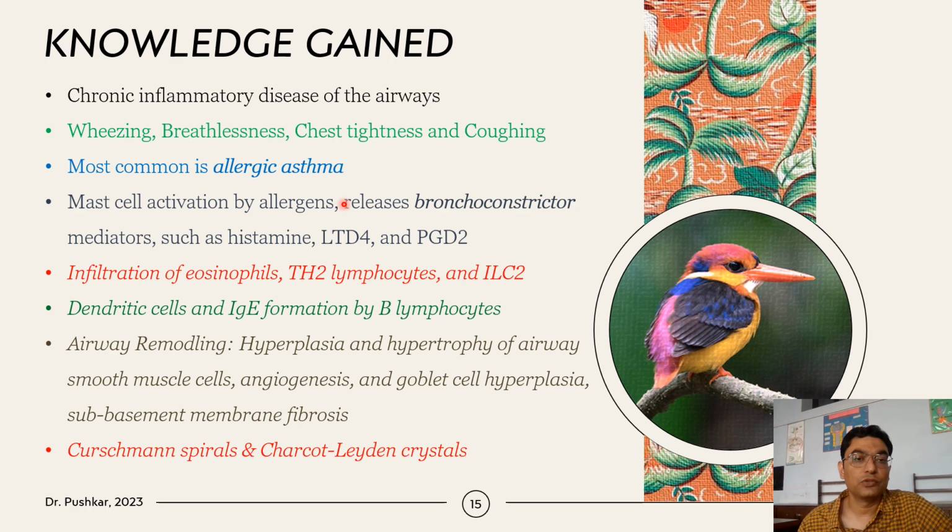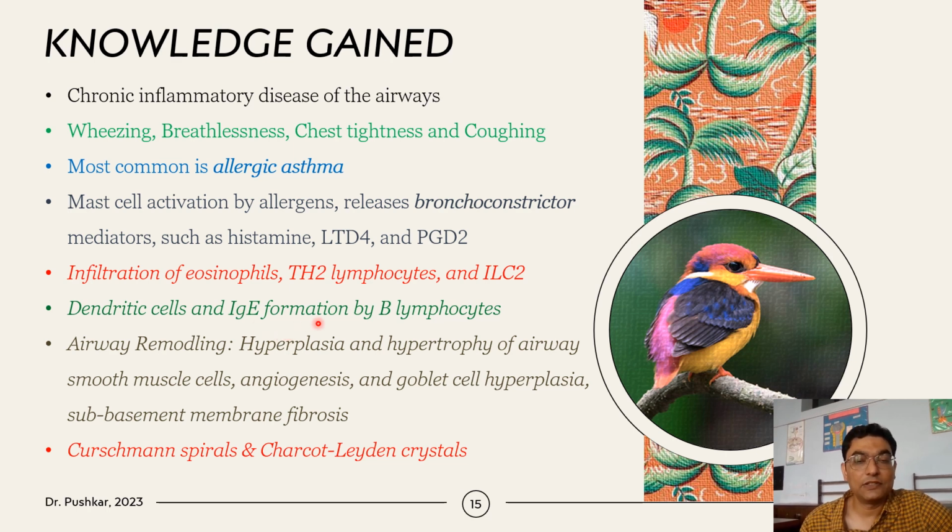And the most common is allergic asthma, in which there is activation of mast cells by the allergens, which leads to the release of bronchoconstrictor mediators such as histamine, LTD4, and PGD2, and there is infiltration of eosinophils and the TH2 lymphocytes and ILC2 lymphocytes.